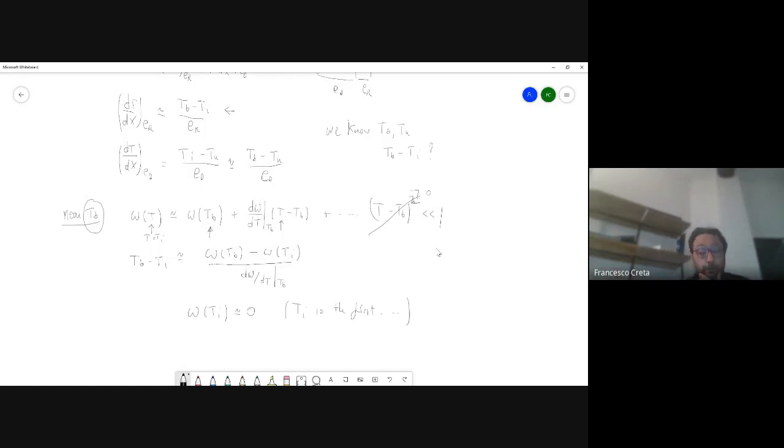And so because we can write this, then essentially we can say that this is the reaction rate at the maximum temperature divided by d omega by dt calculated at Tb.